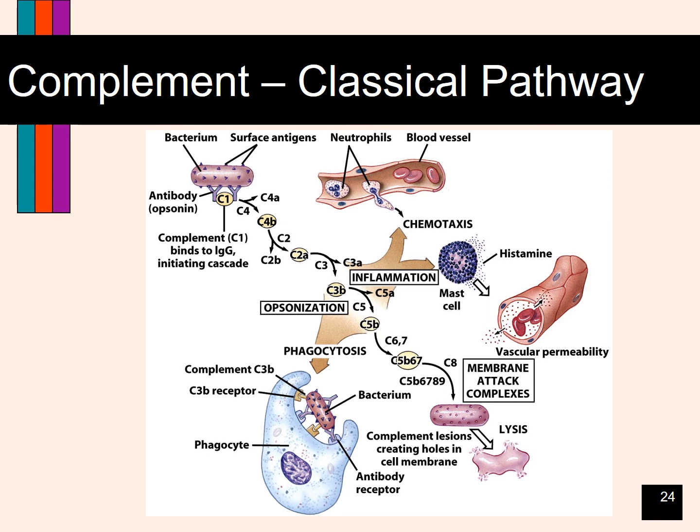C3a and C5a bind to mast cells and release histamine, which leads to vascular permeability and vasodilation in inflammation. You can see how the fluid from the capillary is leaking out.